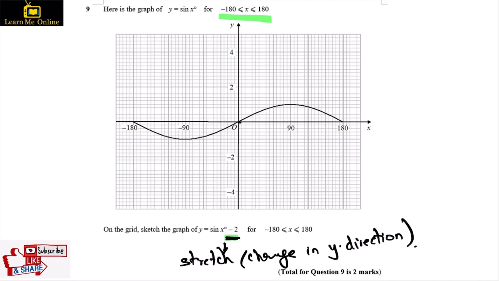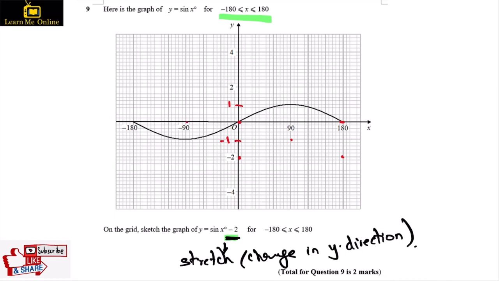So I'm going to label the new coordinates. This point at 0 would turn to minus 2. This is the point at 1. So from 1, when you minus 2, it would be at minus 1. So the maximum will come down to minus 1, and this is a point at minus 1 here. So all the y values will come down, and this is at 0 here, so this will come down to minus 2, which I'm going to label here.